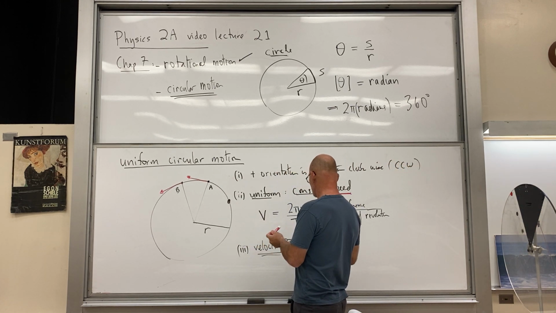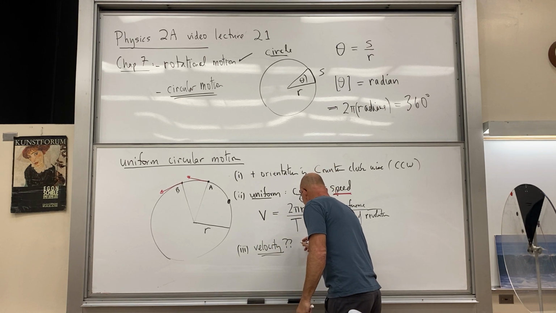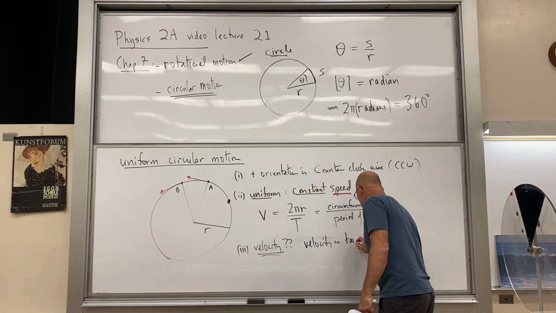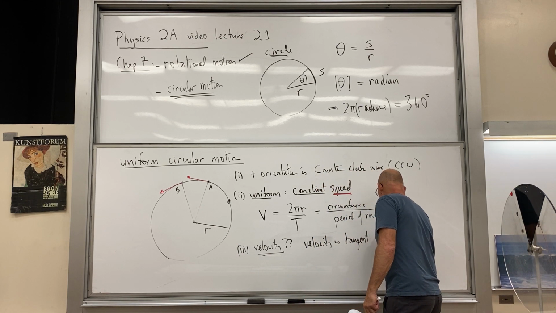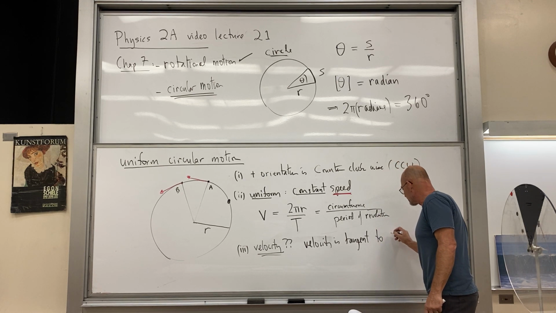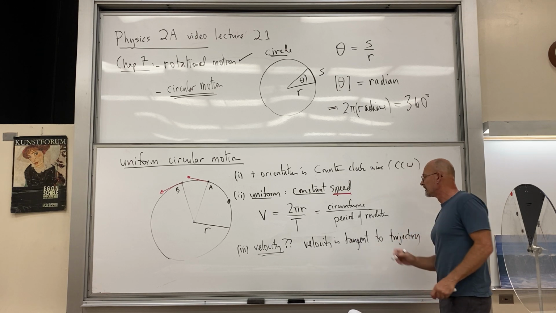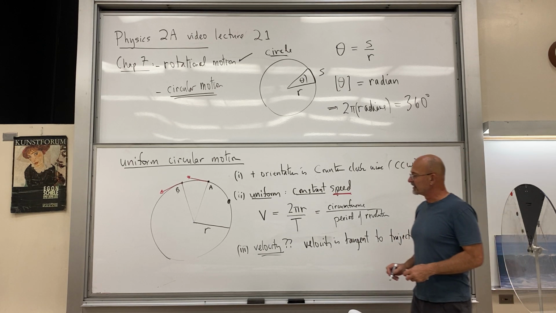So let's put this in words here. Velocity is always tangent to the trajectory. We learned that earlier. And here we have an example of it.